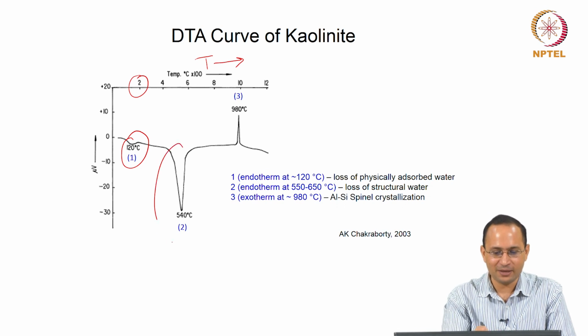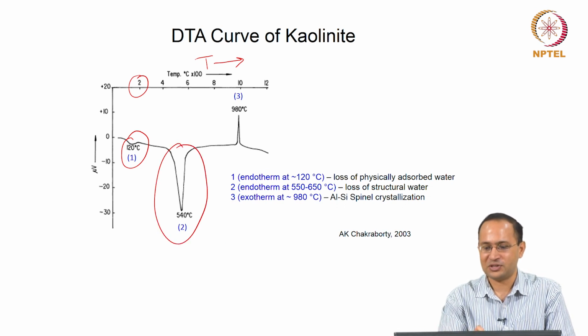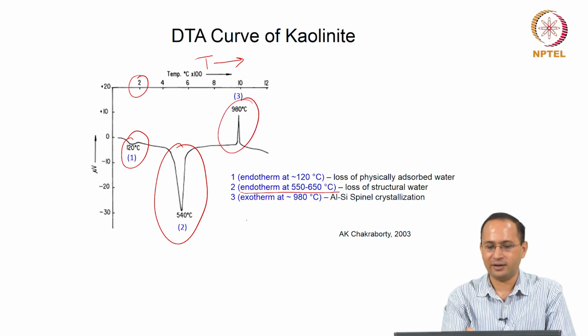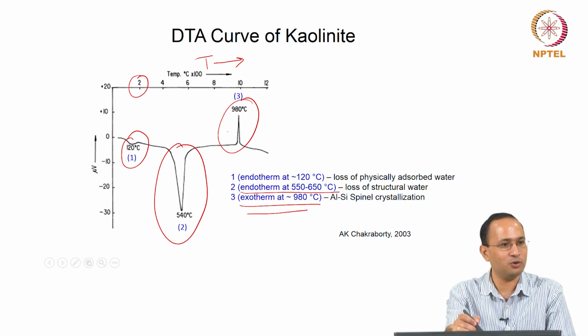The second peak, the major peak, is because of loss of structural water. The water which is present in its structure gives you this endothermic peak at around 550 to 650 degrees C. So you are losing structurally bound water. And then you have this peak at around 980 degrees C, which is an exothermic peak. See the difference, endothermic and exothermic. Here you are releasing heat.